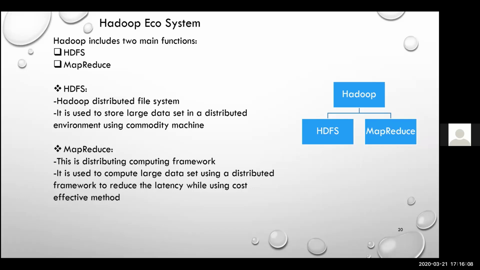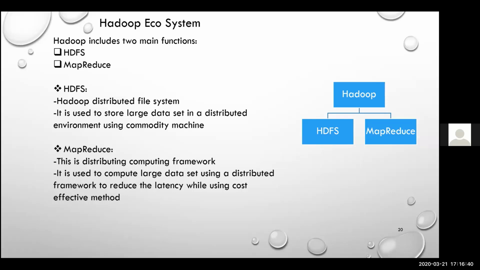The problem is how we should store a large amount of data in a cost-effective way, and how we should process a lot of data in a cost-effective way. There are two solutions for those two problems. One is HDFS and another is MapReduce.